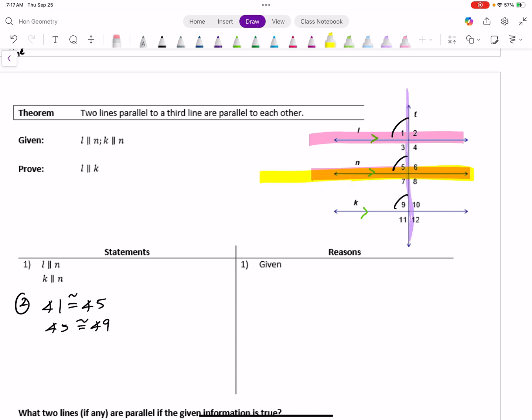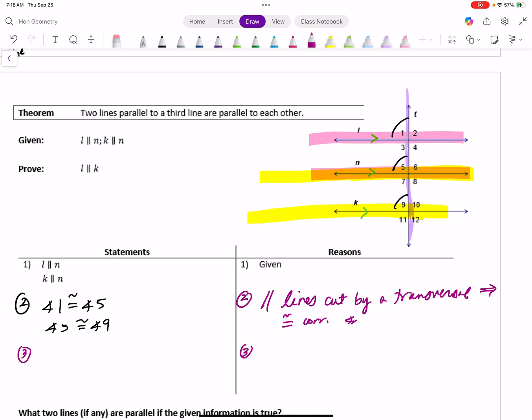We could do these 2 are parallel with that same transversal, and 5 and 9 are corresponding angles. So the reason for both those statements would be that parallel lines that are cut by a transversal imply congruent corresponding angles.